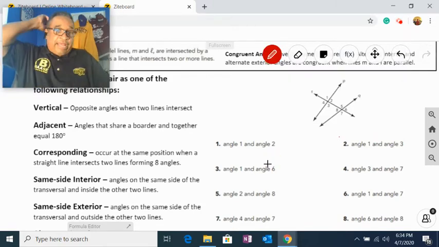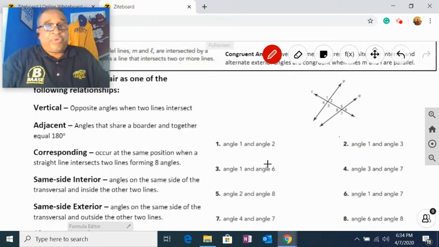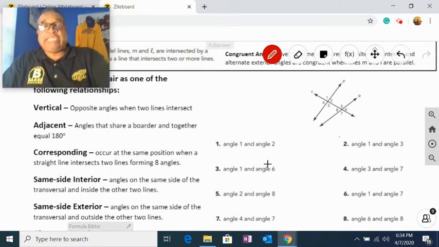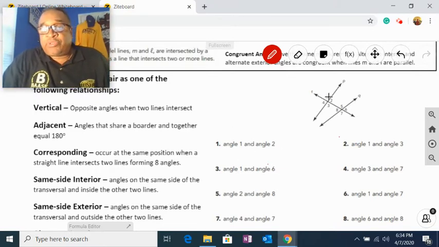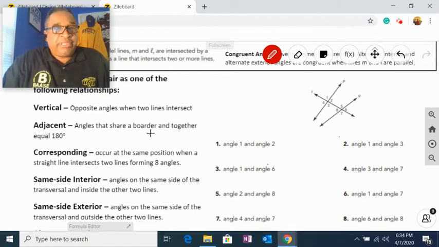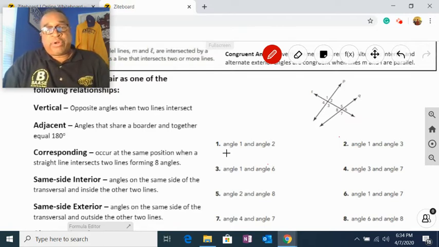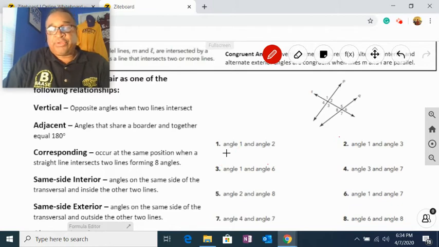Let's see how these angles are related to each other. What type of relationship do they have? We looked at angle 1 and angle 2. Those would be considered adjacent angles because they share a border and they're right next to each other, and then they equal 180 degrees.